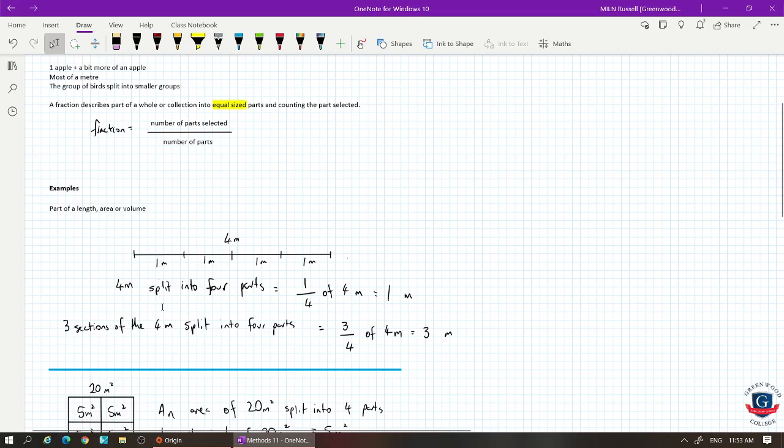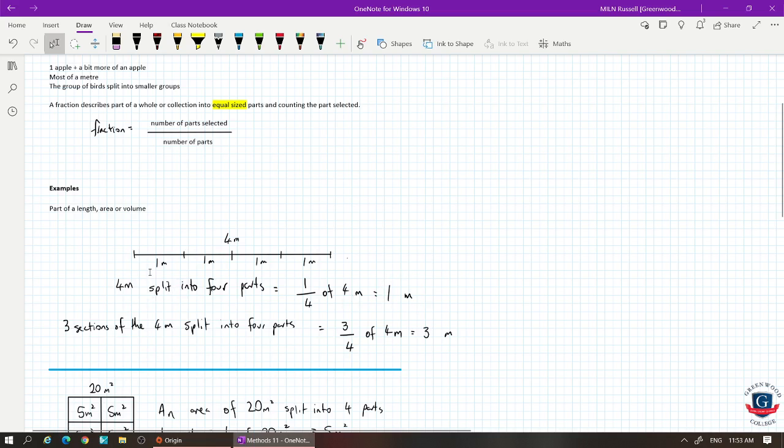And the way we'd say that with fractions is, if we split 4 meters into quarters, so that we had 4 parts and we're selecting 1 part, the answer for that would be, there'd be 1 meter in each part. So if we had a quarter of 4 meters, each part would have 1 meter in it.